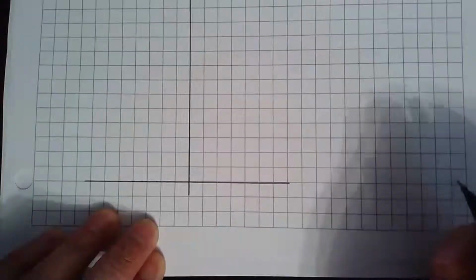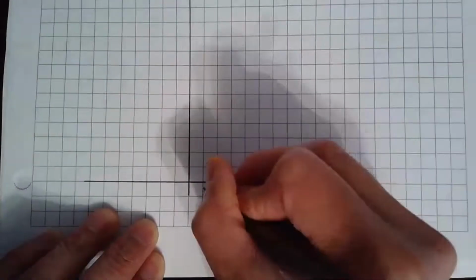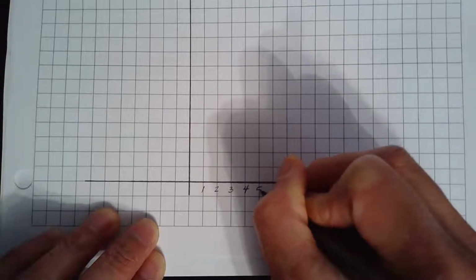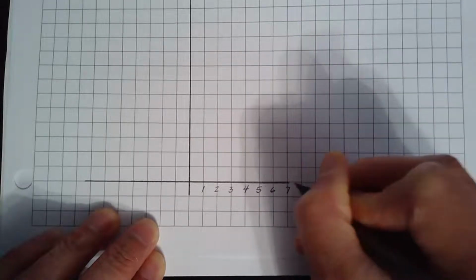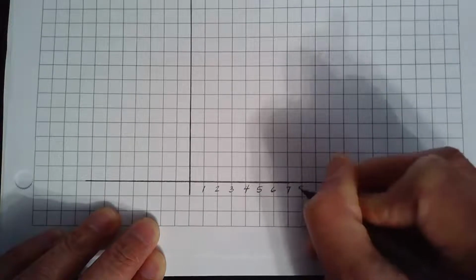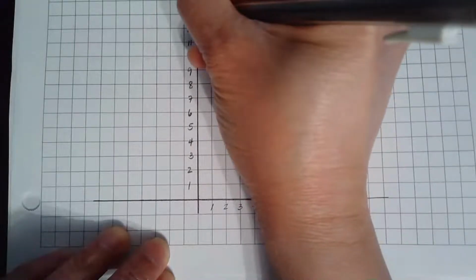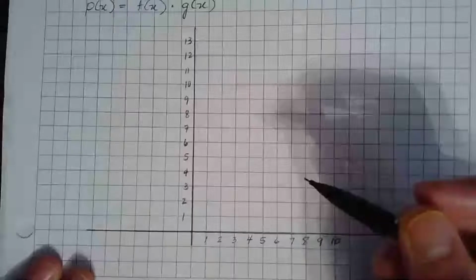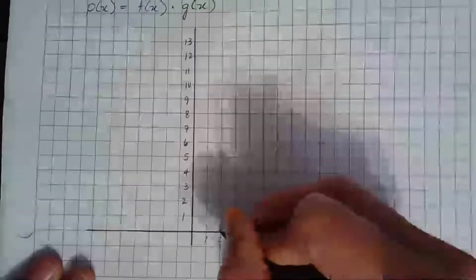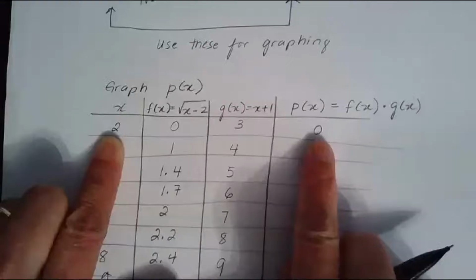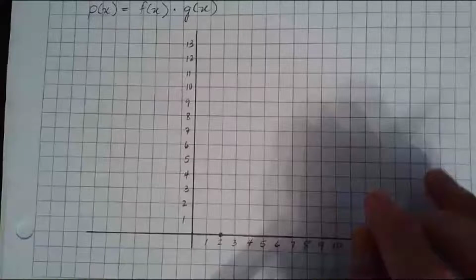I'll use a scale of 1 again. So at 2, 0, so 2 comma 0. Okay. So if x is 2, p of x is 0.